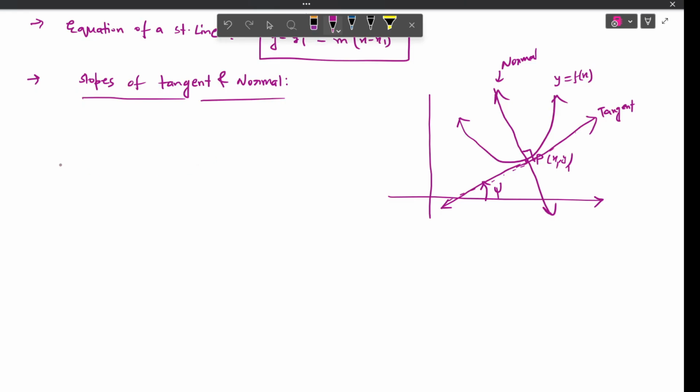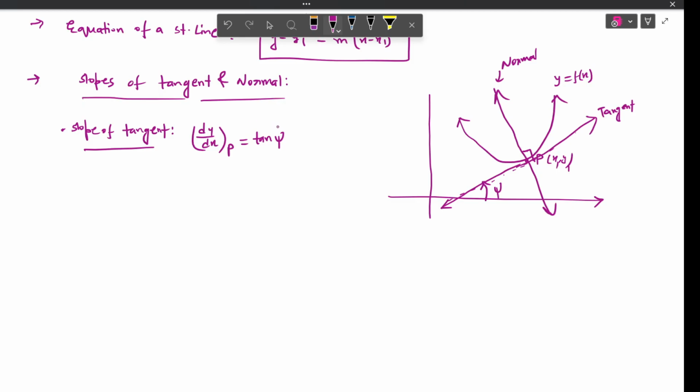So you can say the slope of the tangent is dy by dx at point P, that is tan of psi.